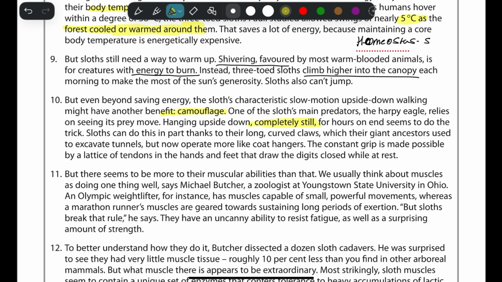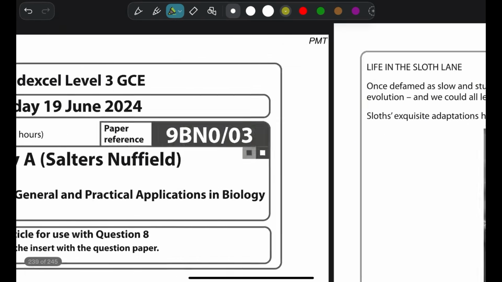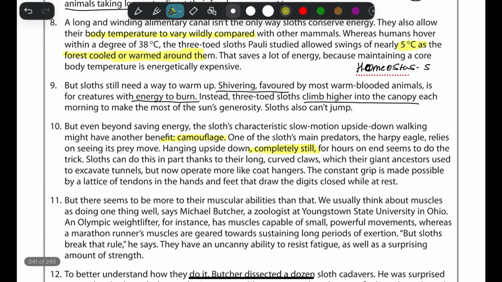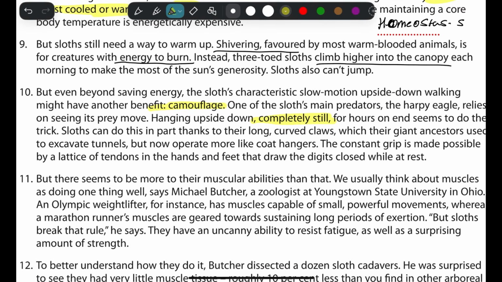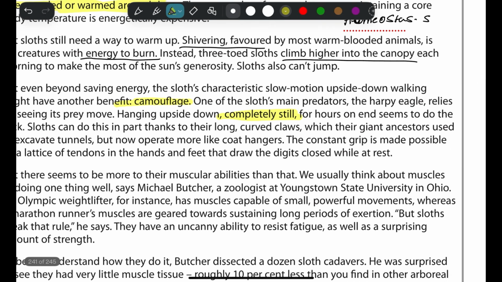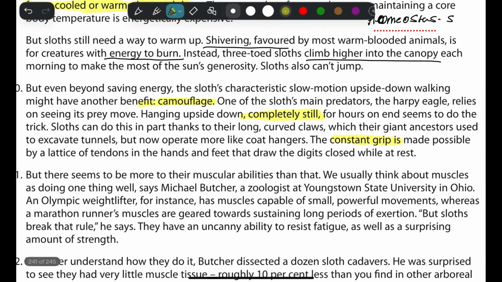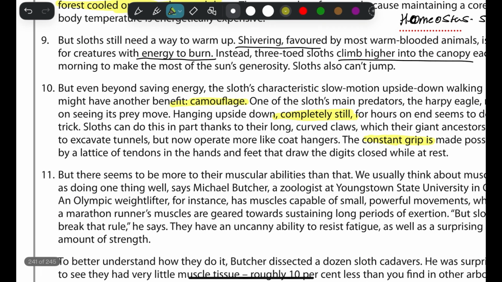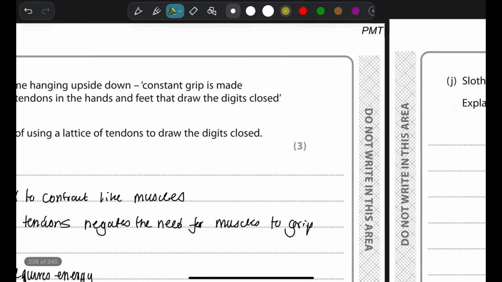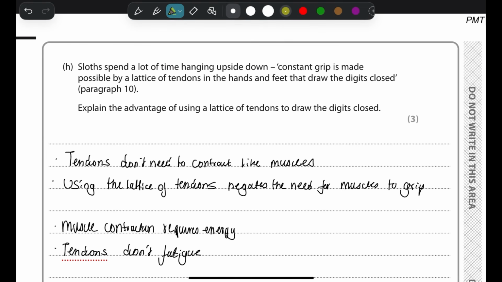Of course, and then that's the bit that we have, don't we? Constant grip made possible. Okay. So I think what you're getting at here is that they're using tendons more than muscles, and they're saying the idea about constant grip, so not really tiring out compared to other organisms, and I think that really does give you a hint as to what you want to say.